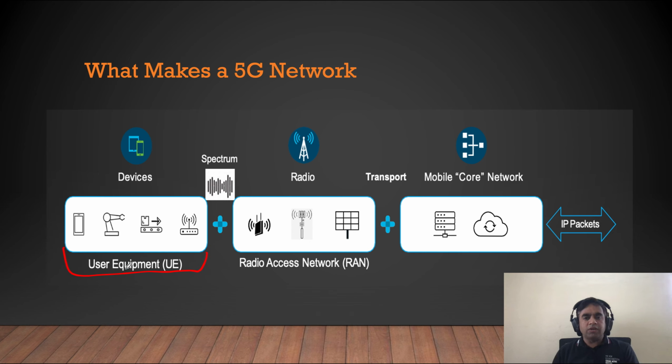In 4G as well, it was called as UE, which is nothing but just your endpoints, cell phones, or any other type of sensors. And then we have this radio access network and the mobile core network. And to interconnect these pieces to radio to the device, we have spectrum. And the core network to the RAN, we have this transport network.